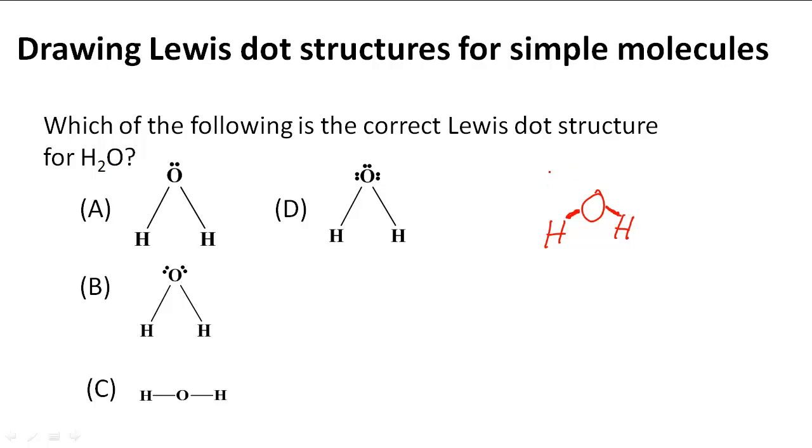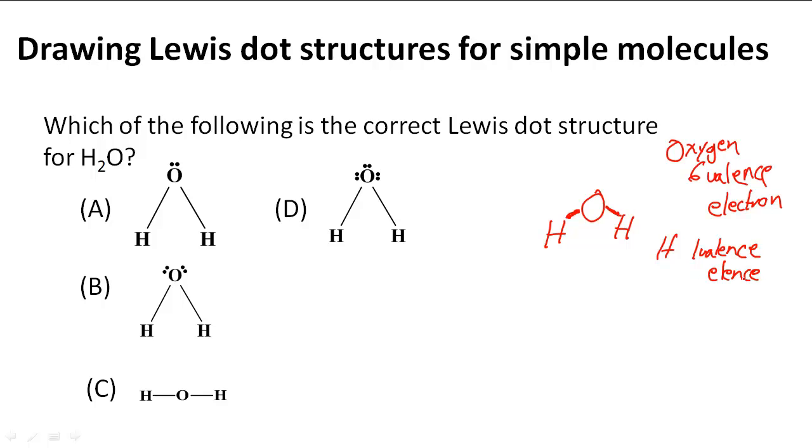We have to count the total number of valence electrons present in this molecule because we want to make sure that we have the correct number of bonds going on here. Oxygen has 6 valence electrons because it's in group 6, and that's what its electron configuration shows. So 6 valence electrons, and then we have 1 from this H and 1 from this H. H has 1 valence electron, and since there are 2 of them, that means we have 2 valence electrons total.